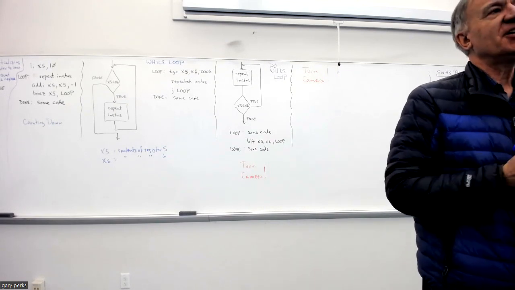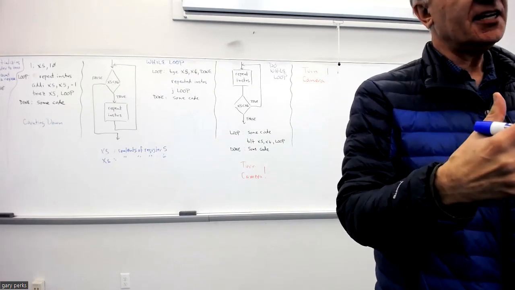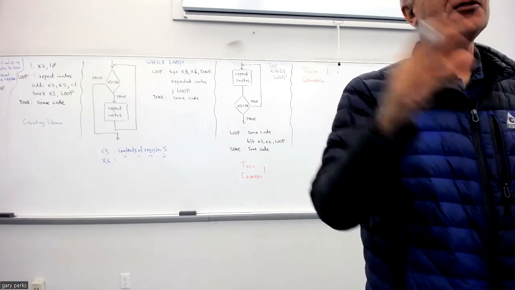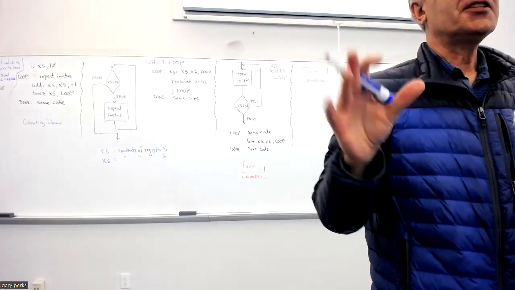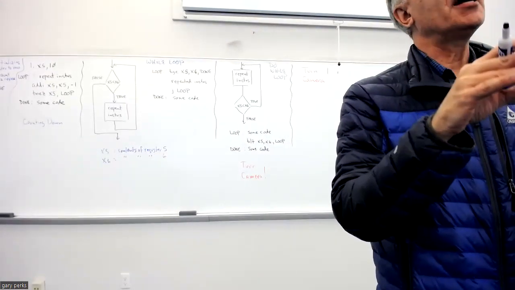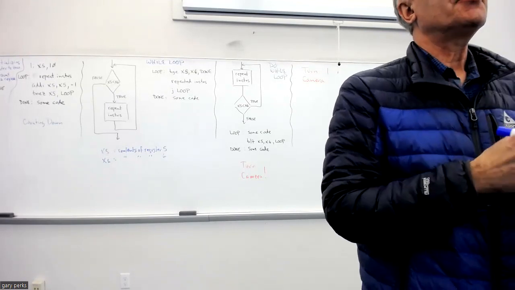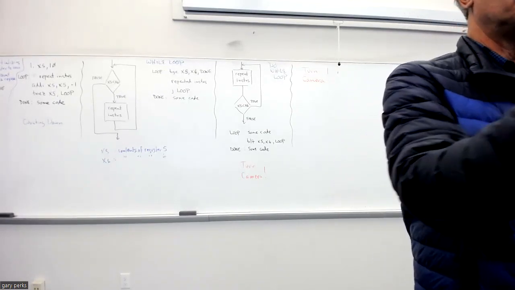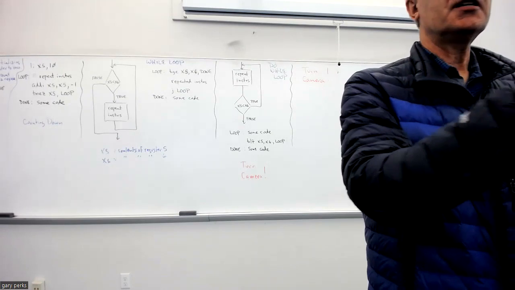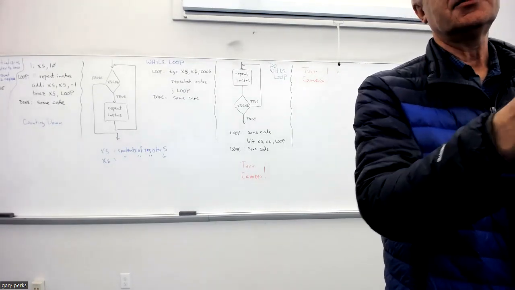But where it comes into play is, let's say you're doing a final project, you've got your Otter working and everything, and now you're writing a program where you want to input data from the switches, and you want to input more than one switch's data.